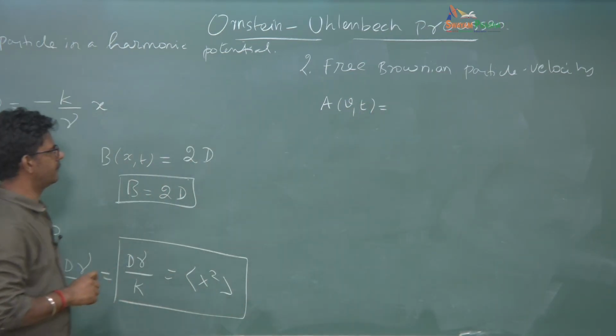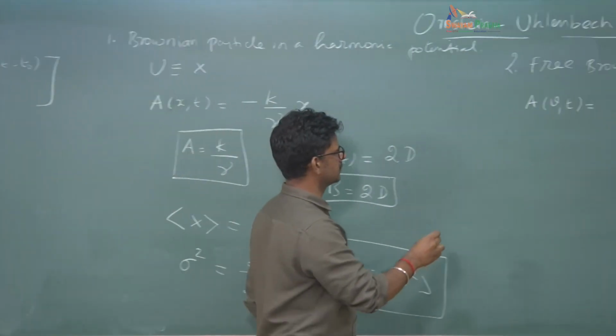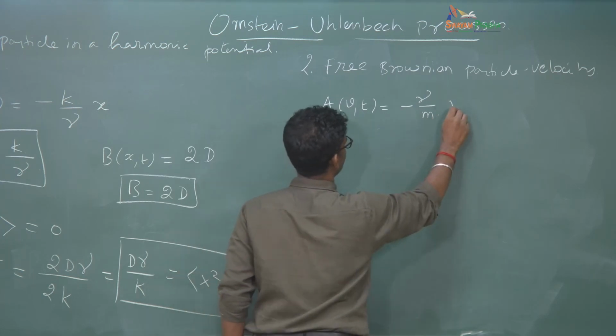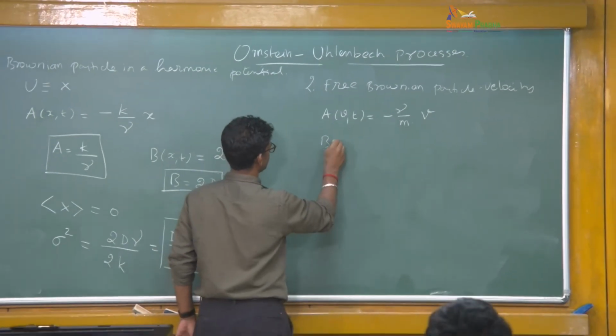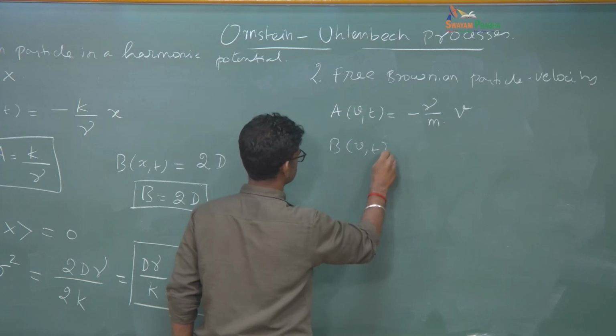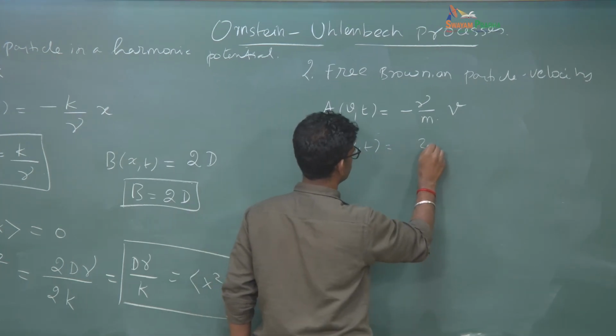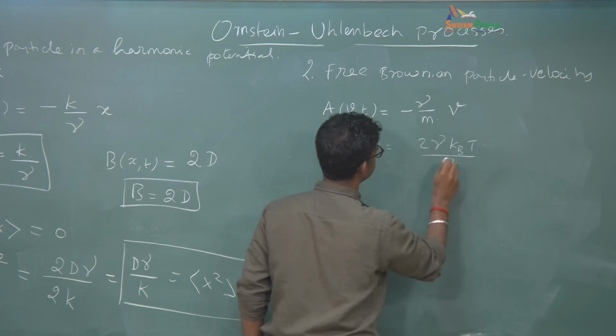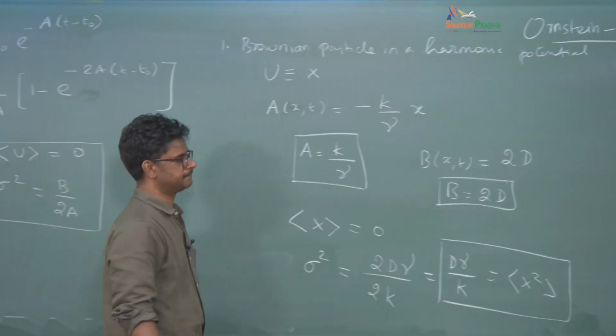What is the value of A? This was minus gamma by m v, and B was 2 gamma kBT over m squared. This was B.